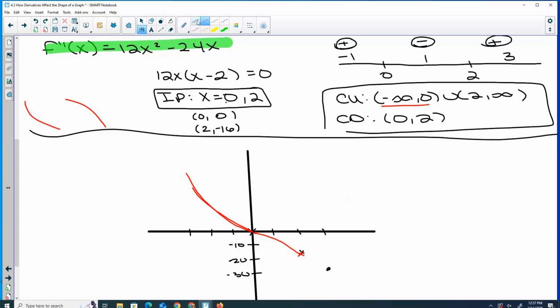And then we have to be concave upward for the rest of the graph. We're still decreasing. And then after this point, we are increasing but still curving upwards. So it looks like this. And we just drew our first polynomial graph with all accurate information.